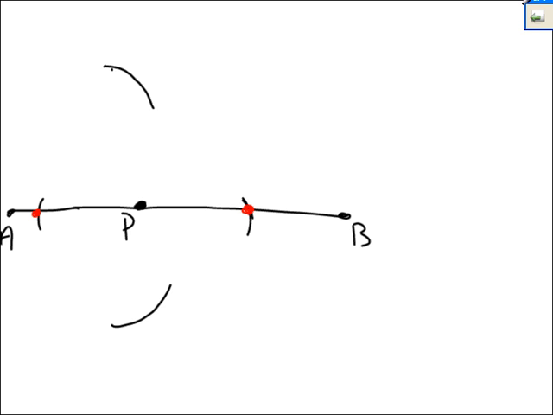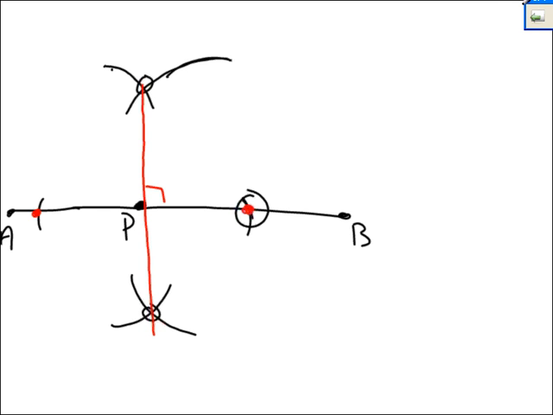Keeping the same opening, put the compass needle at the other red mark. And keeping the same opening, don't draw just this arc, but draw it so it crosses the other arc. Same at the bottom. Connect the points of intersection of the 2 arcs, and you drew a perpendicular line.